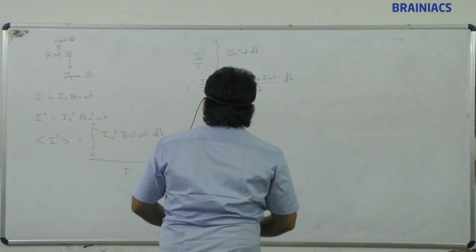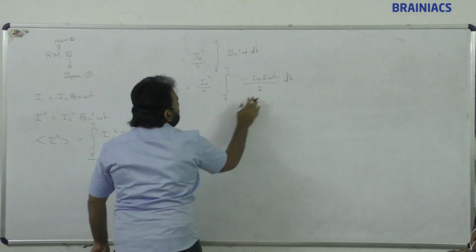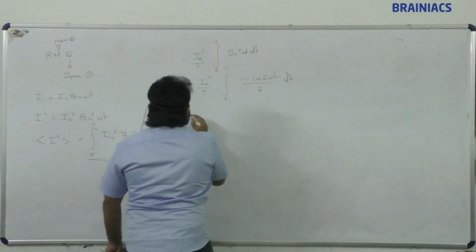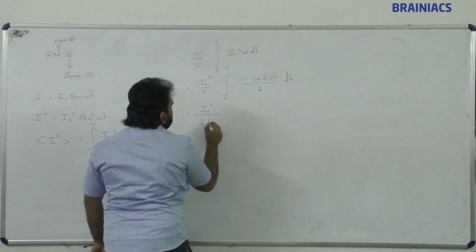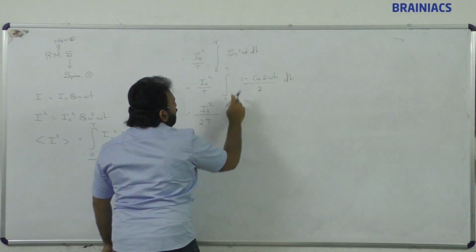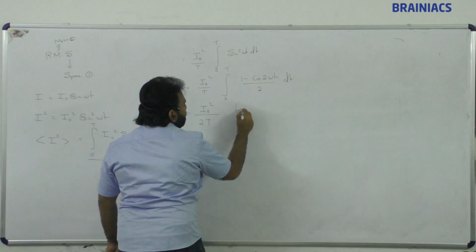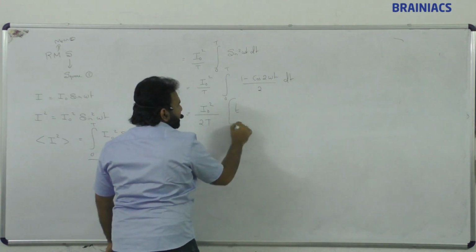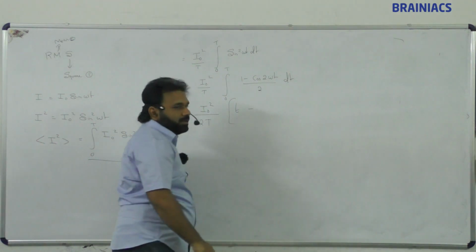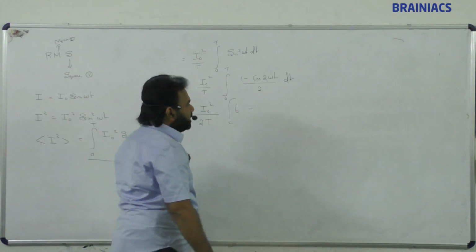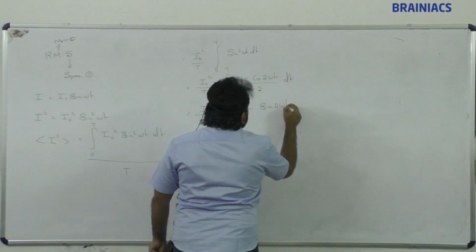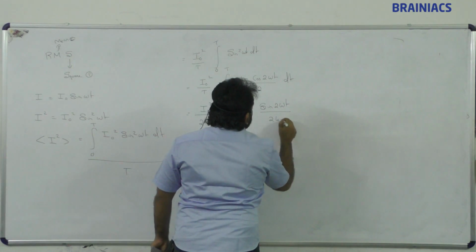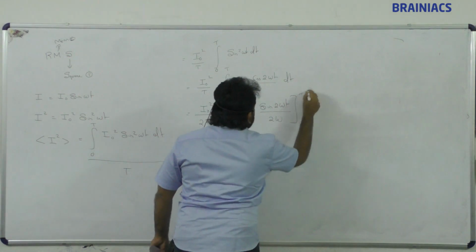Now integrate this. Clear or what? So we put the 2 here. So now I naught square by 2T. Now we integrate this: we will be having T minus the integral of cos 2 omega t, which is sine 2 omega t divided by 2 omega, from 0 to T. Correct or what?